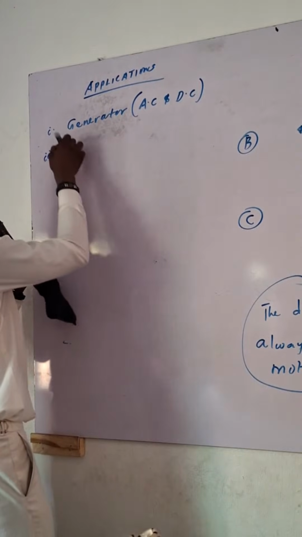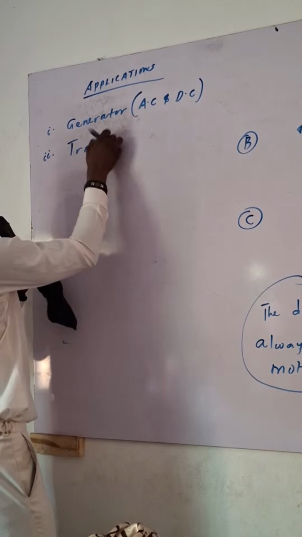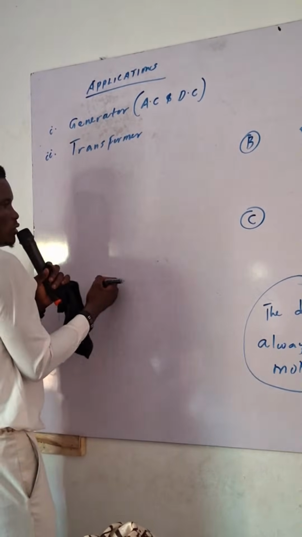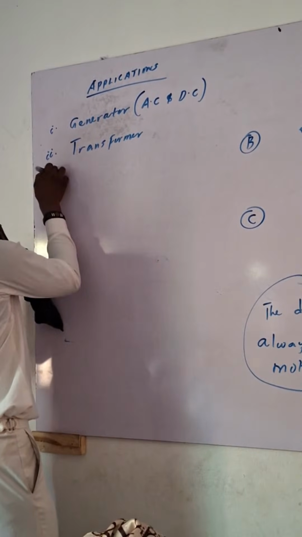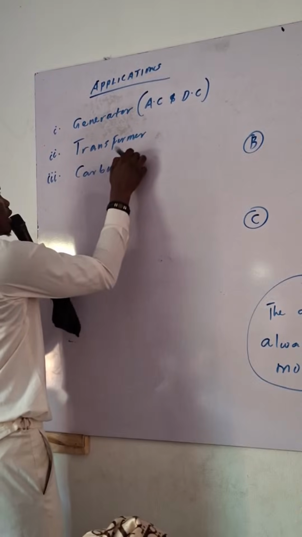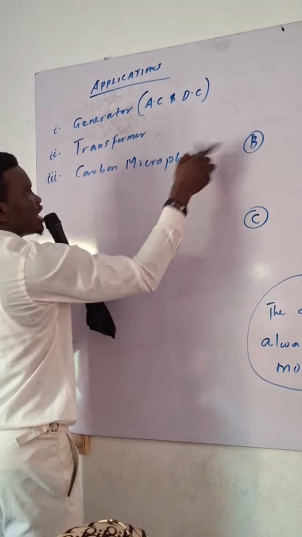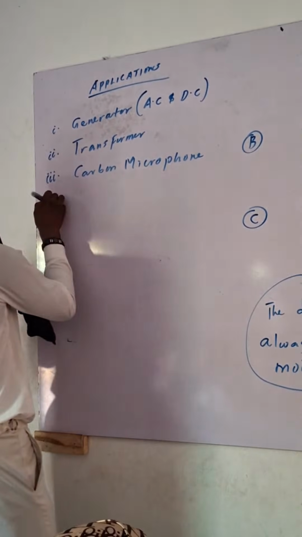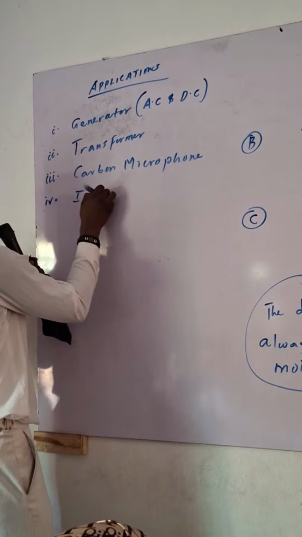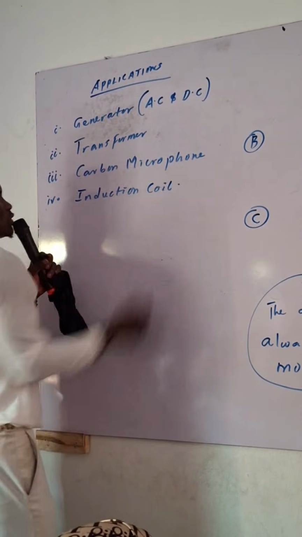Then we have the transformer, which makes use of the application. Then we have your carbon microphone. They can ask you which of these things use the application of electromagnetic induction, so you should know. There is also the induction coil and so on.